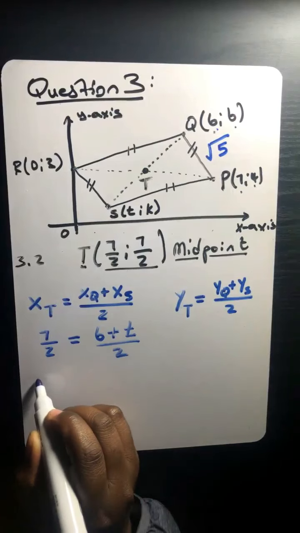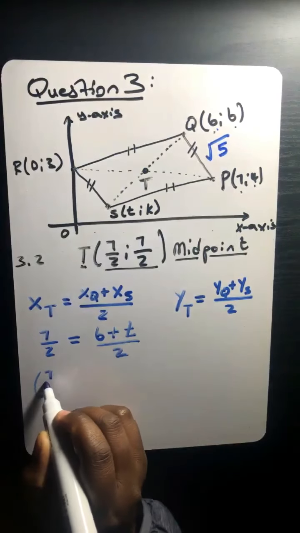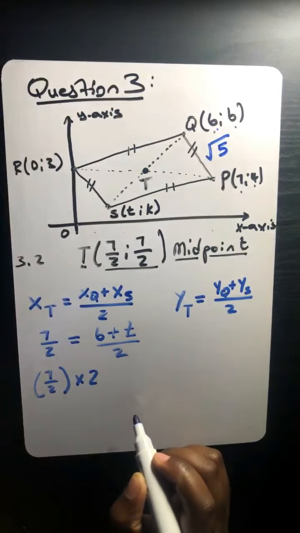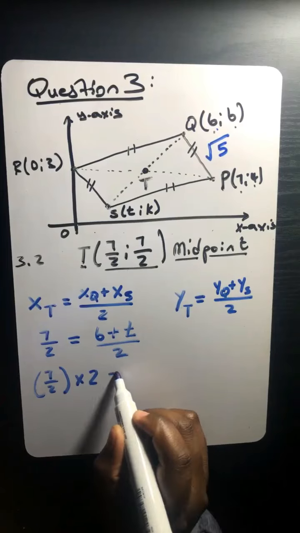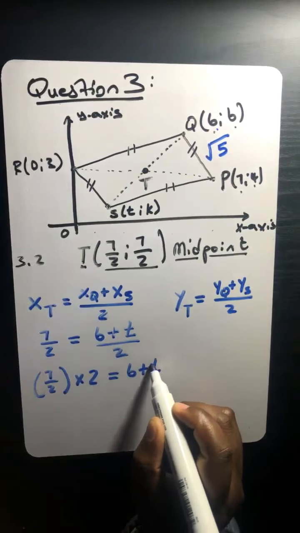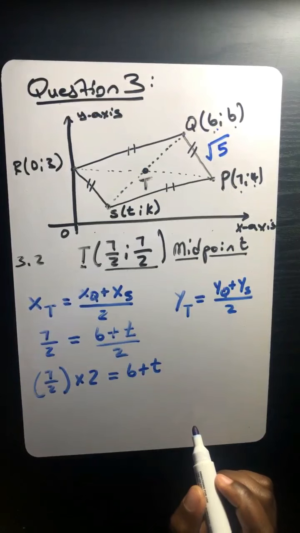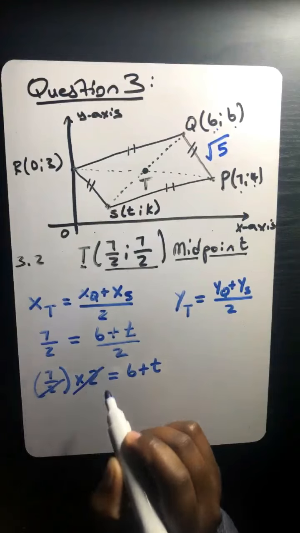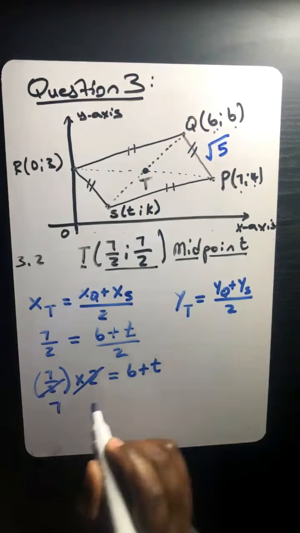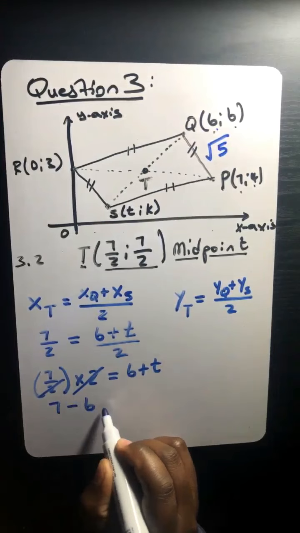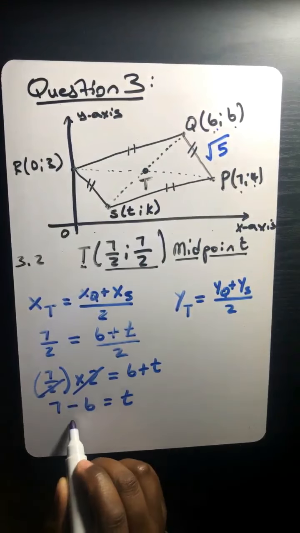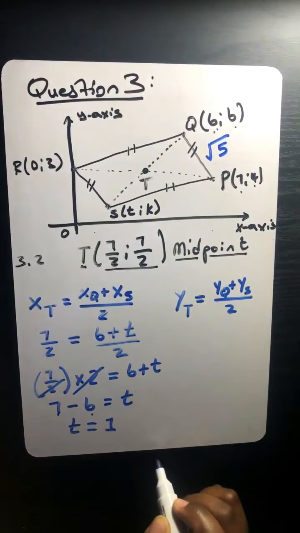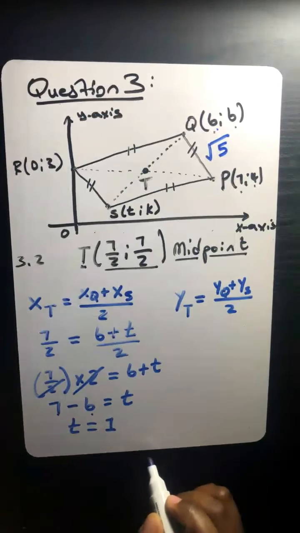So you can cross multiply and have that 7 over 2 being multiplied by this 2. Then from there, let me just do it step by step, and say you have 6 plus t. Therefore, obviously, you can see these two actually cancel each other out. So it means you have 7, you transpose, this is minus 6, equals t. Therefore, it actually means t is equal to 7 minus 6, which is 1.